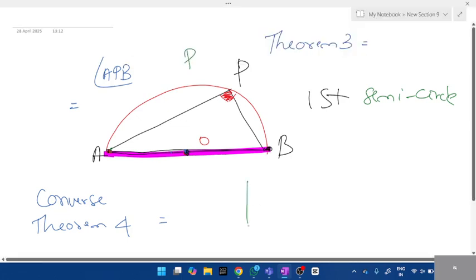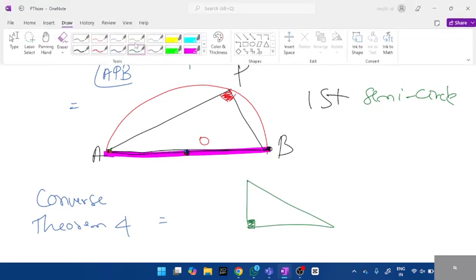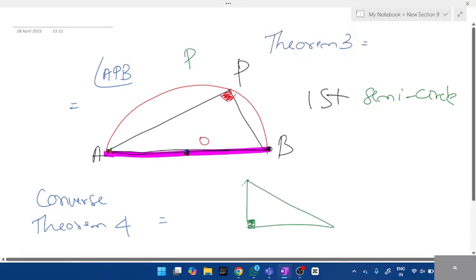You take a right angle, and let us touch a circle like this. What will this circle be, students? This circle will be a semicircle. This is the converse of it.